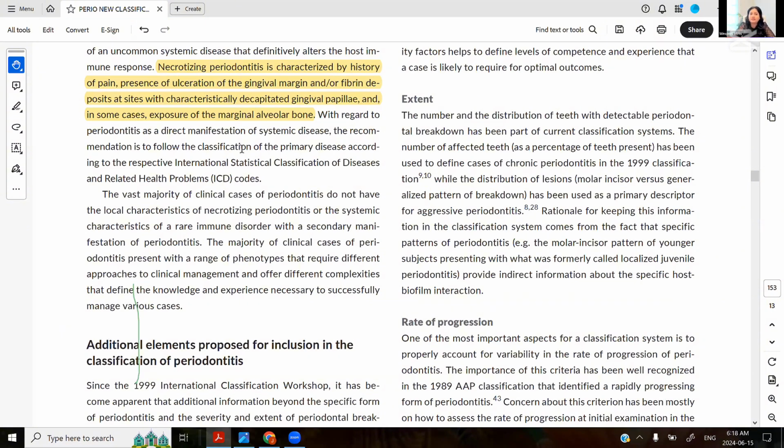And then it progresses to involvement of the PDL and the bone, and it is mostly seen in immune compromised patients. NUG would be seen in highly stressed situations or lower socioeconomic situations, right? And then it progresses to NUP, which is necrotizing periodontitis, in immune compromised situations in the cases where the NUG originates.